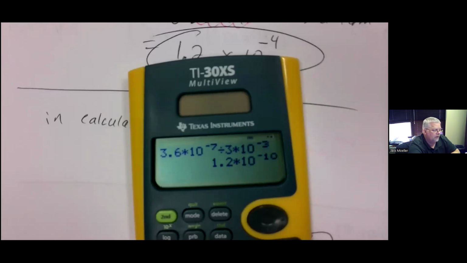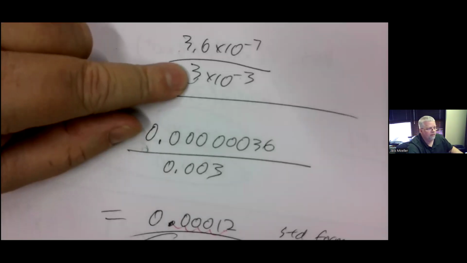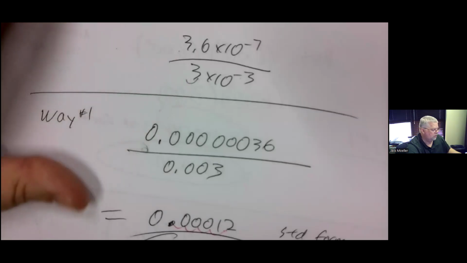The calculator follows order of operations, so it's going to do 3.6 times 10 to the -7, divide by 3, get an answer, and then times 10 to the -3. Since the calculator is following exactly what you typed in, it's multiplying by 10 to the -3, but we're supposed to be dividing by 10 to the -3. This is why parentheses are crucial.